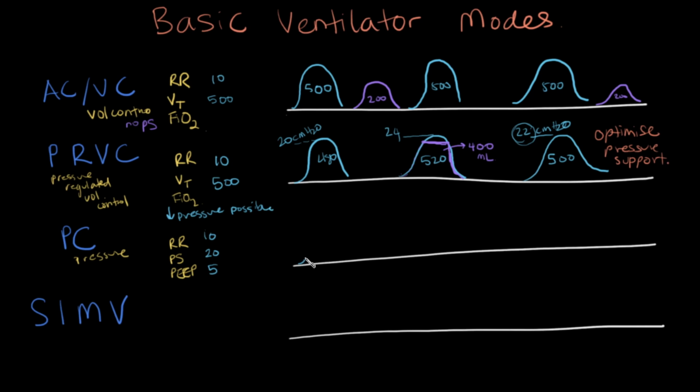It's going to deliver a breath, and it's going to cut out at 25 centimeters of water, which is 20 plus 5. And this volume might be, let's just call that 425 mils, the tidal volume.